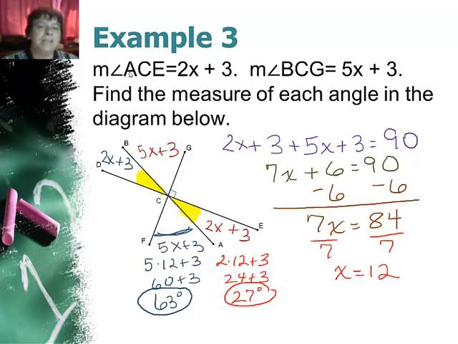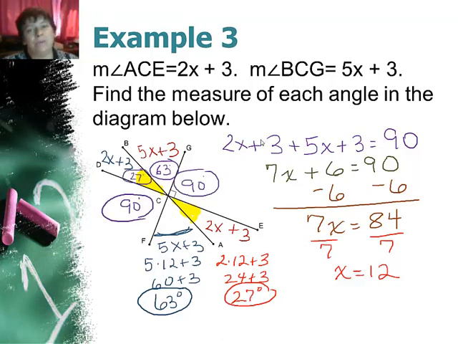This makes sense because we knew, if you look, there's a straight line here, and both these angles form 90 degrees with that other 90 degree to make a 180. So this is a complementary pair. 63 plus 27 is 90, so that's good. Now that I know 90, 63, and 27, I can fill in all the angles using either vertical angles or complementary relationships.